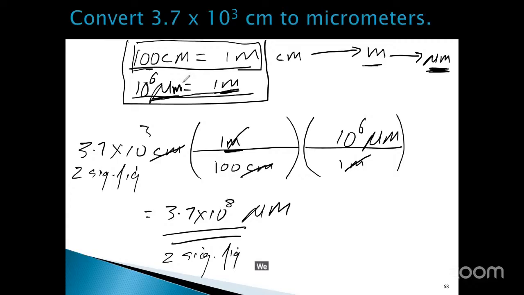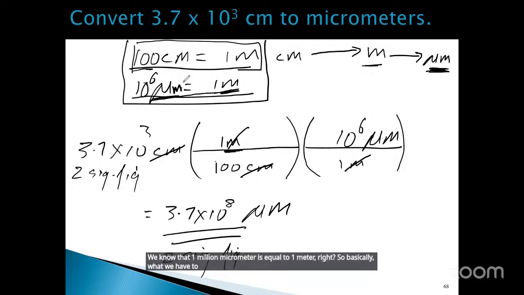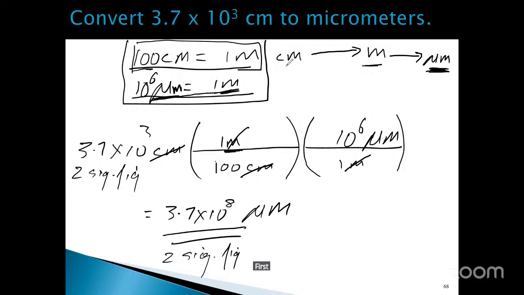We know that 1 million micrometers is equal to 1 meter. So basically, what we have to do is a series of 2 conversion factors. First, we start off with our centimeter value, and then we convert it to meters, and then we convert that meter to micrometer. And this is basically how I laid it out right here.